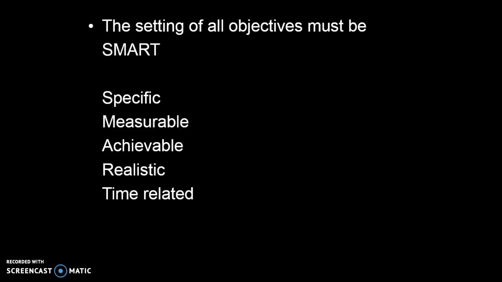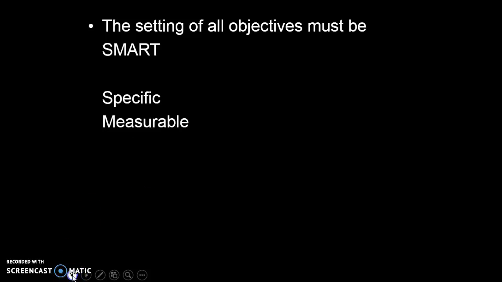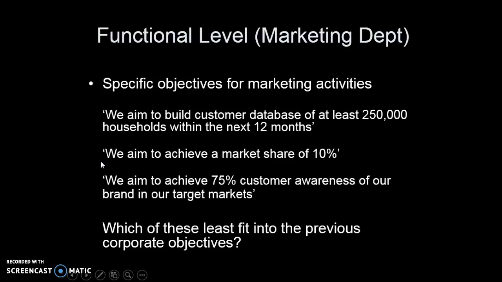Okay, so one key thing of all objectives across all levels is that they have to be SMART. Now, if we go back and look at some of those objectives, we can see that they will be specific, measurable, key ones. So you can see how successful you are. Achievable, realistic, and are they time related as well? So if we just flip back and look at some of those objectives, we can see that here we've got something that we can measure. Going back to the profitability, there's an idea of measure.